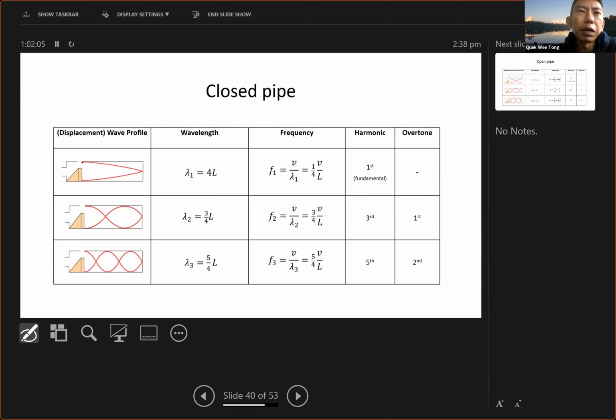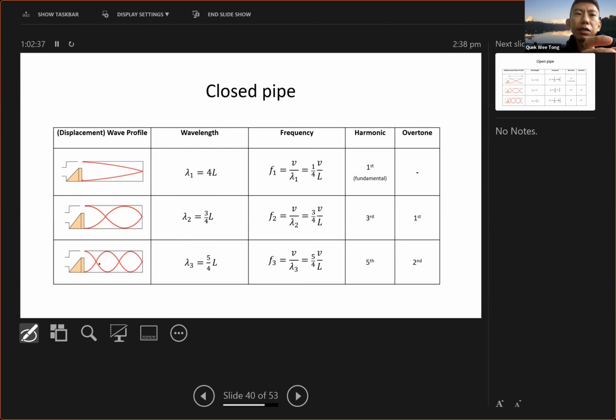So you get the first set of equation. Second one, you can fit 3/4 of a waveform. Third one, you can fit 5/4 of a waveform. And you can start to see the pattern. Because one end is closed and one end is open, it always forces you to have another 1/4 of a waveform at the end.